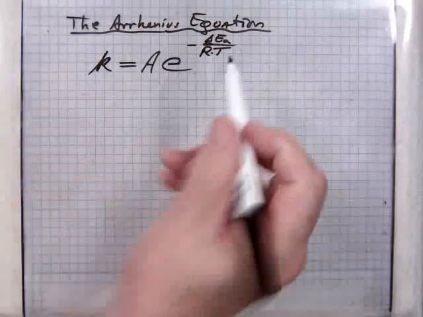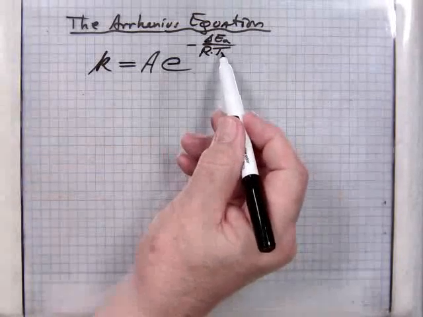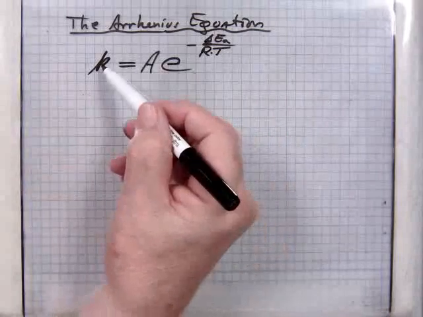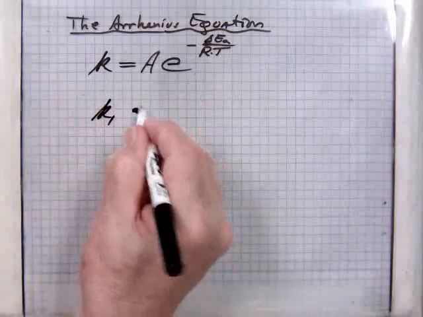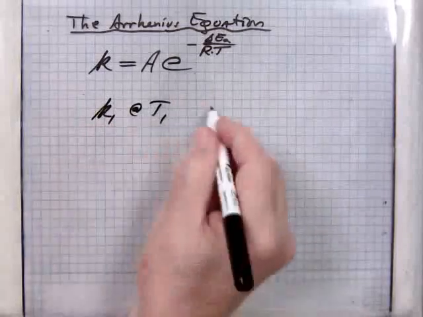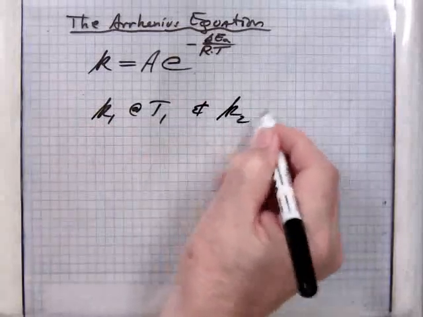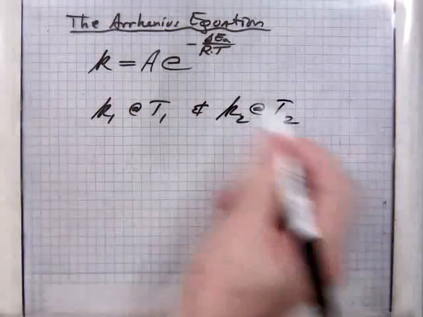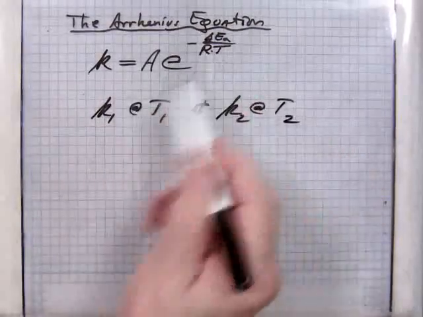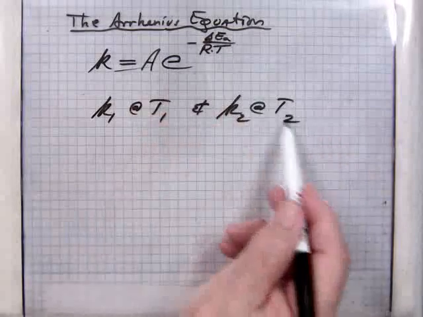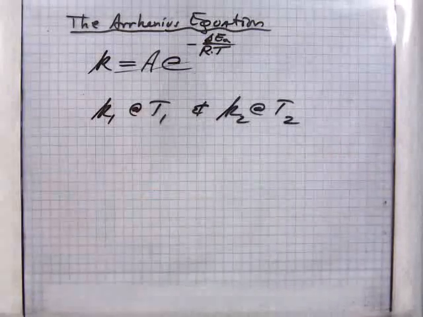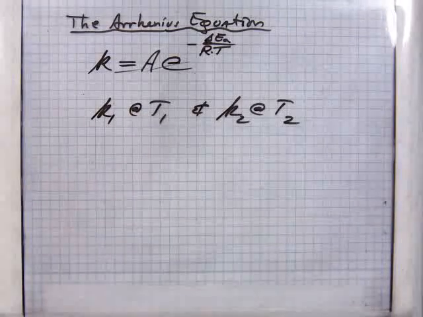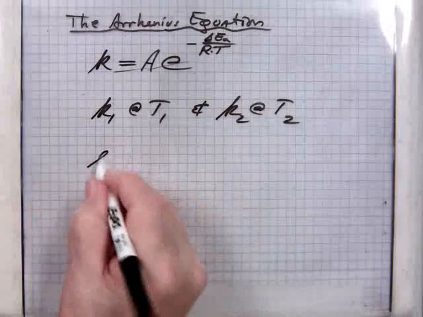Well, if you change temperature for a reaction, you change the rate. So we can have two of these, K1 at temperature 1 and K2 at temperature 2. So you can set up one with temperature 1 and one with temperature 2 into this equation and combine them simultaneously. What you get is the working equation of the Arrhenius equation, and it looks like this.